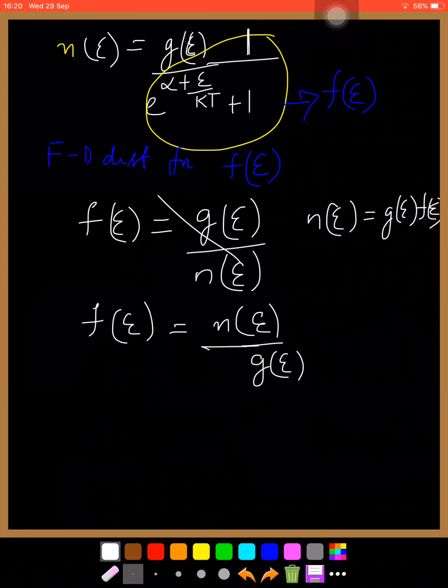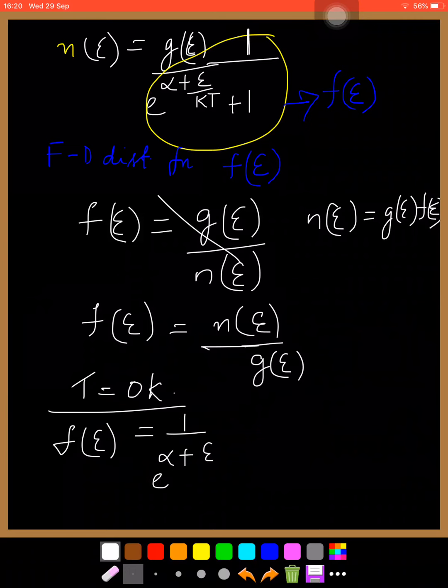Again, let's find the value of this distribution function at absolute 0. Before that, let's see what this distribution function is. Fe is 1 by e raised to alpha plus e by kT plus 1. Alpha, you know, is minus mu by kT.